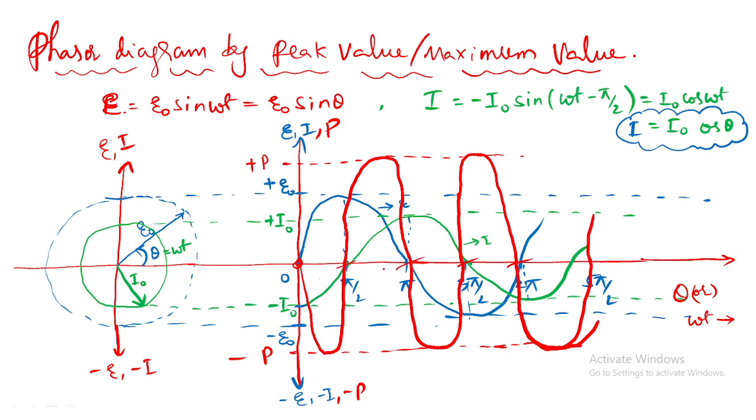Clear? So it is varying from 0 to pi and then like this, like this, like this. So power consumption is completely 0. Next, shall we move on with the other one?